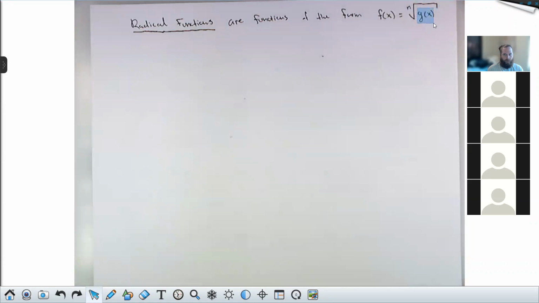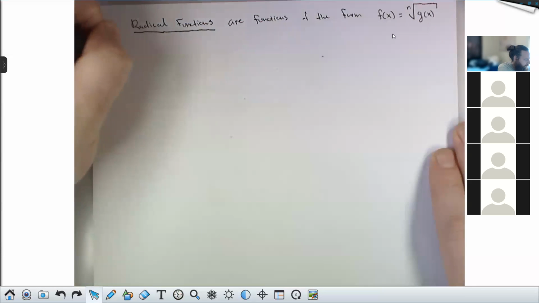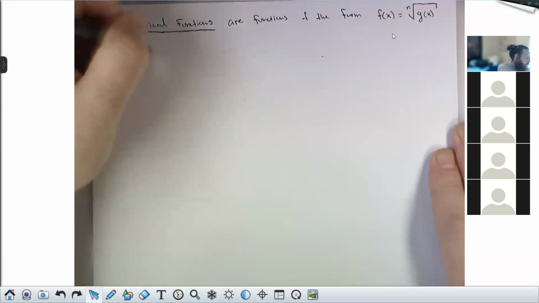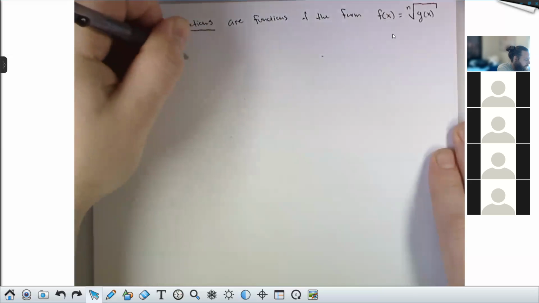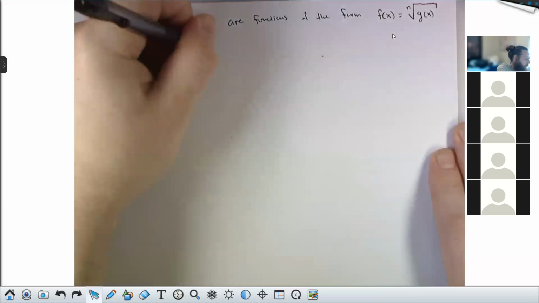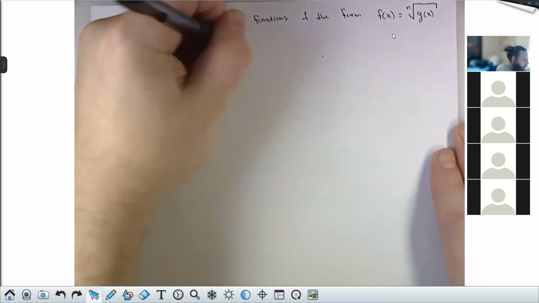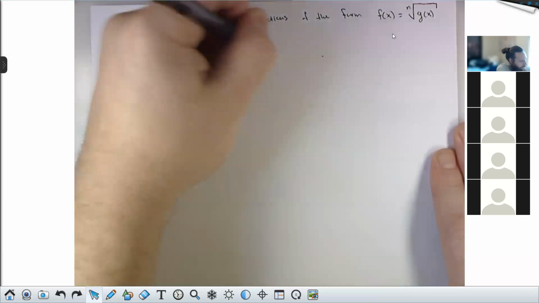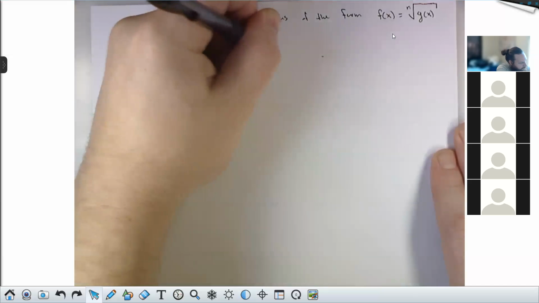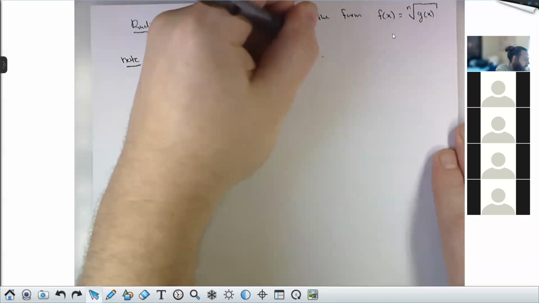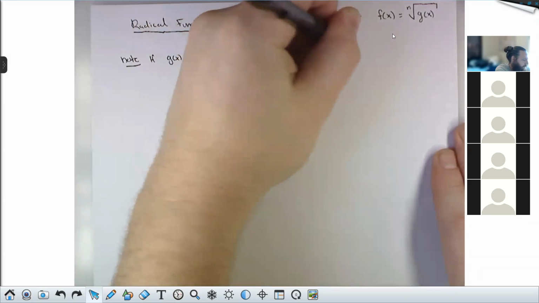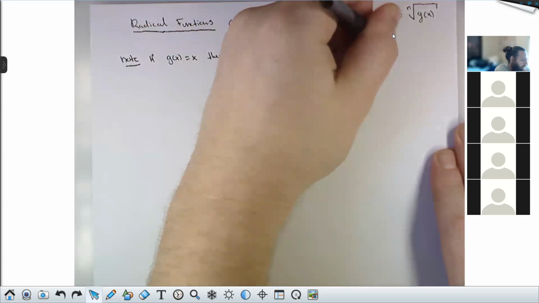If g of x is just x, then we're talking about a power function. When you're talking about just the nth root of x, which is the same as x to the 1 over n, it's a power function.